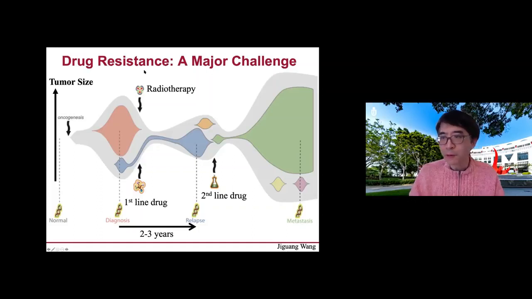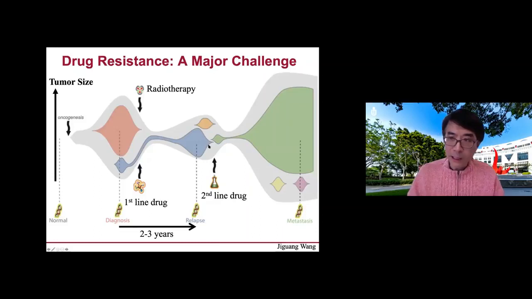Now, I guess some of you may wonder, what if I have 2 to 3 years for the cancer to grow back due to the drug resistance mutation? What if during this time interval, 2 to 3 years is a long time, maybe I can develop a new key, a new drug to treat this particular mutation, right? Because the mutation of the patient can always be figured out by the sequencing, right?